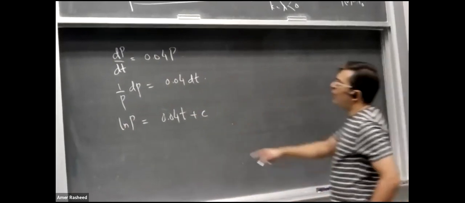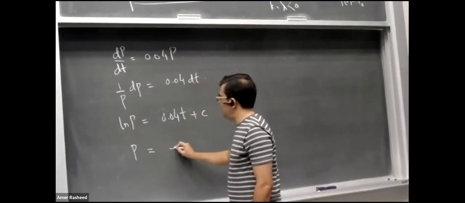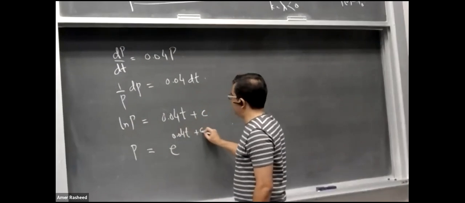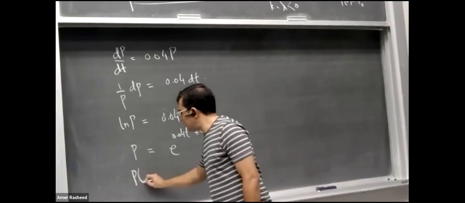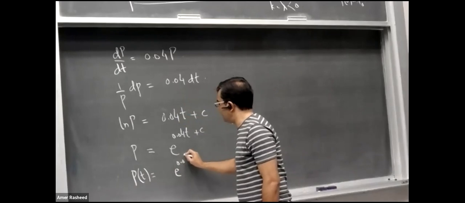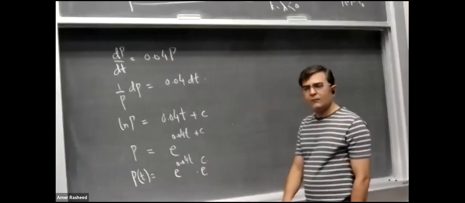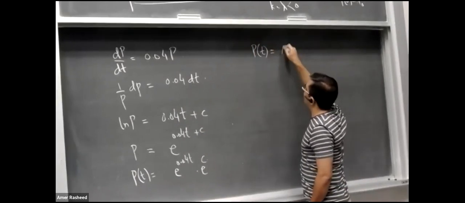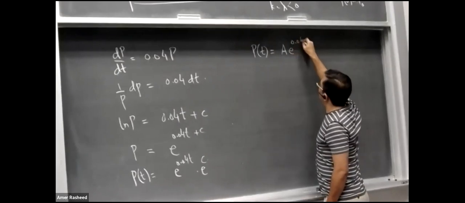Now, if we have a log P here, then we can have P is equal to exponential of 0.04 t plus C. So this is your P of t, and this is e raised power 0.04 t times e raised power C. And we can write it further in the form P of t is equal to some kind of constant A times e raised power 0.04 t.